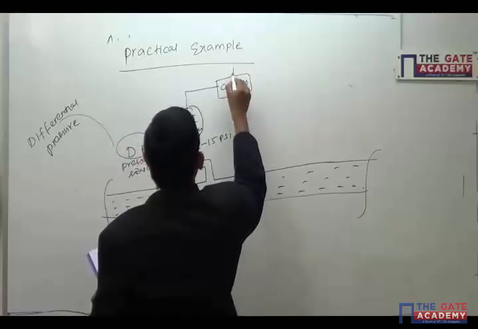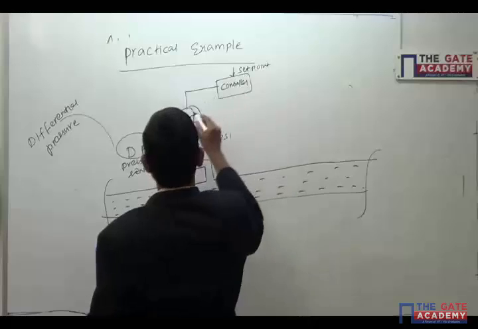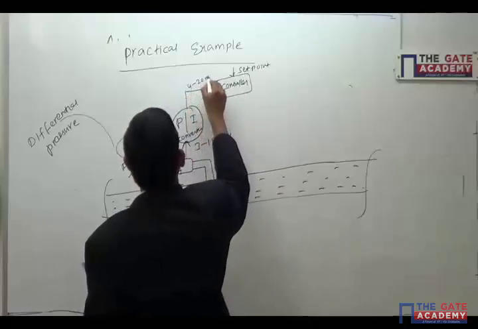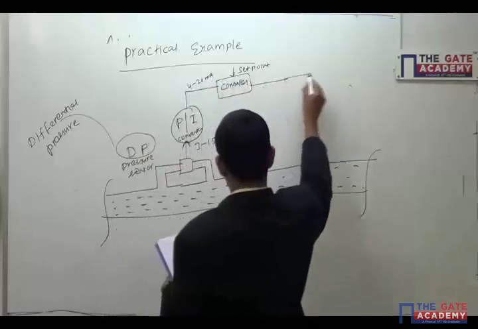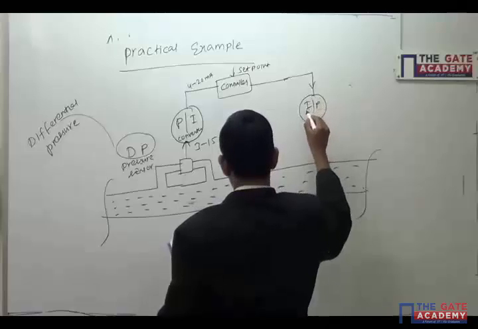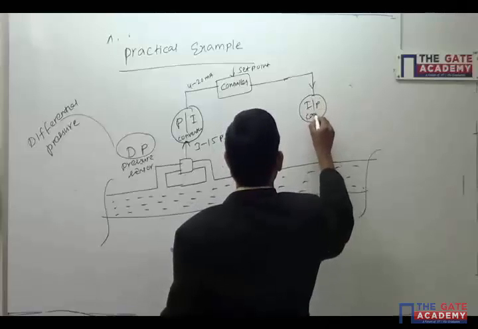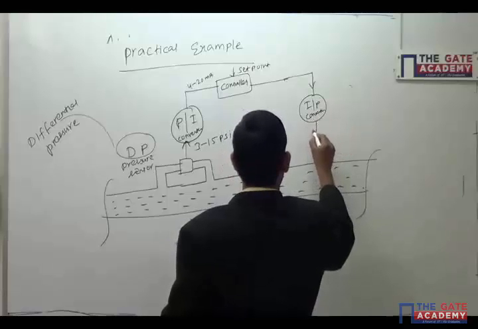For the controller, I will give the set point. This is 4 to 20 milliamperes. The output I am getting is again current, so I give it to an I to P converter.